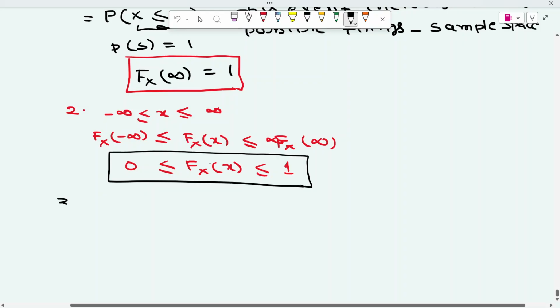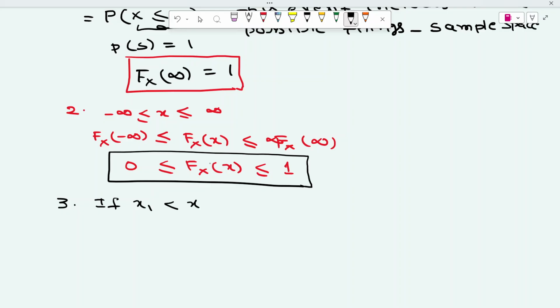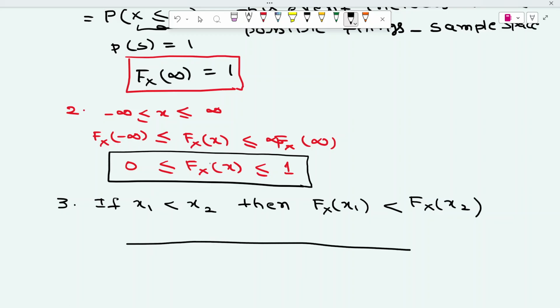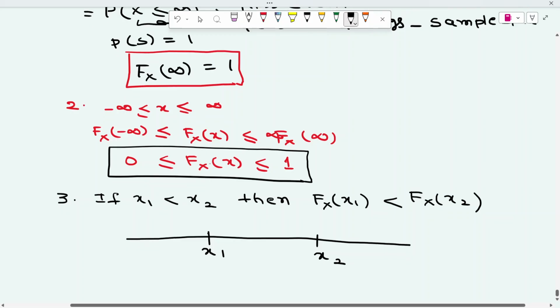And the third one: if x1 is less than x2, then Fx(x1) is also less than Fx(x2). If you take the real axis, for example, x1 is here, x2 is here, so x1 is less than x2.